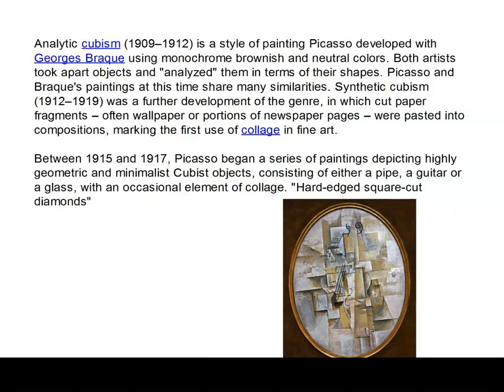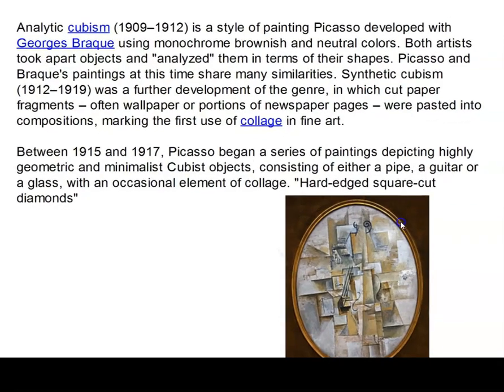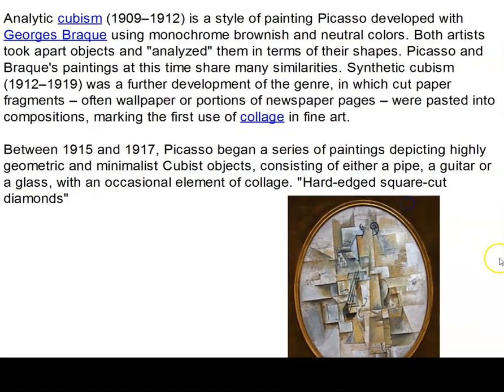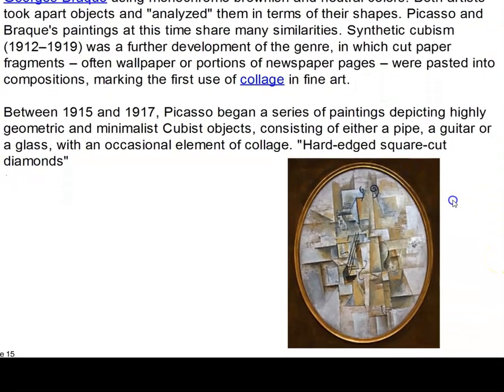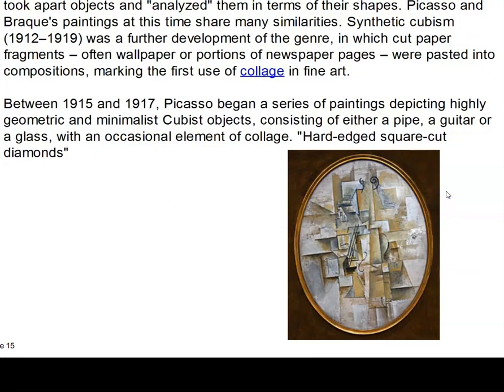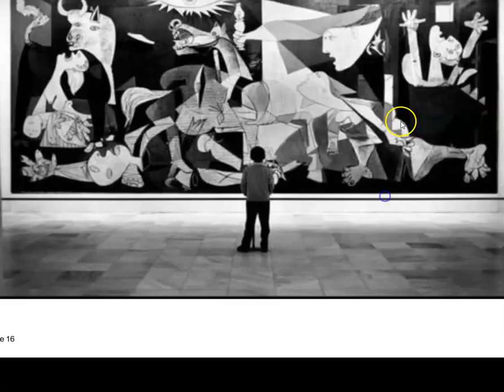So this is looking back at one of Picasso's earlier pieces, and again using that monochromatic brownish neutral colors. They took apart and analyzed the shapes and the pieces of this. So there's definitely a lot of similarities with the use of collage and everything like that, as we see, as this is Picasso's painting.